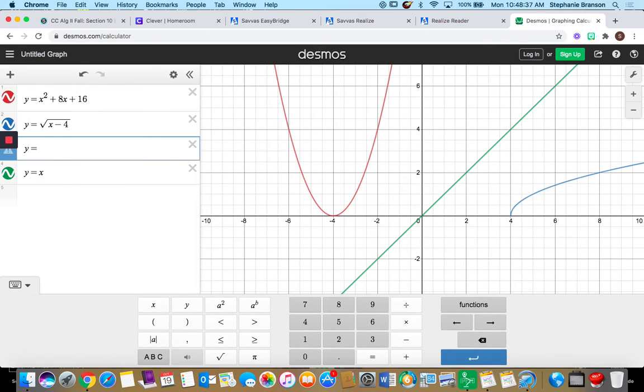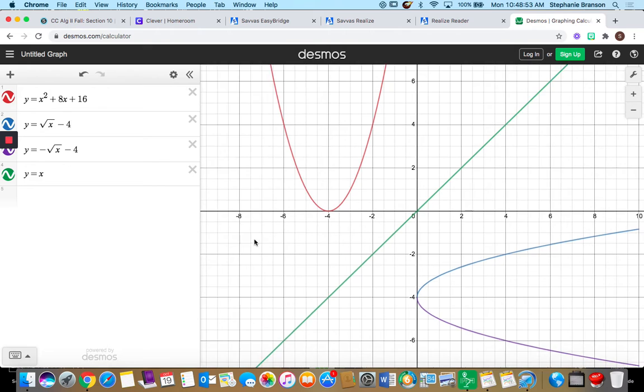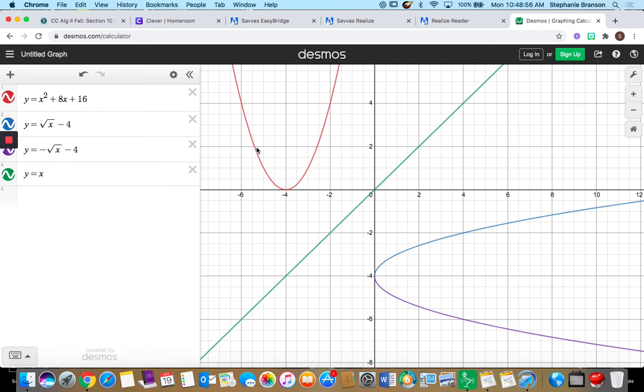So y is equal to negative square root of x, and I gotta go fix this one. That minus 4 is not supposed to be underneath the radical. So this is what the graphs of the inverse look like. This was our original in red. The blue and the purple down here is your inverse graph. Just kind of getting you a look at it.